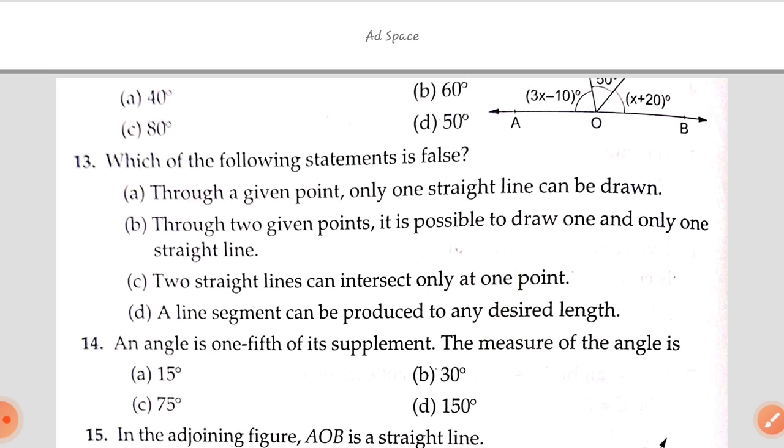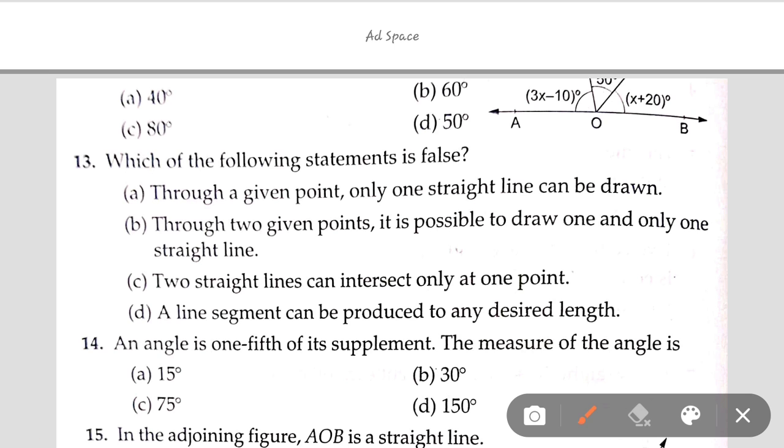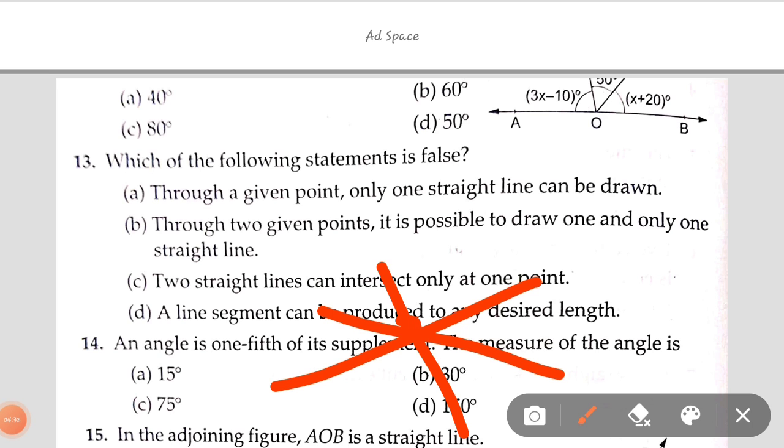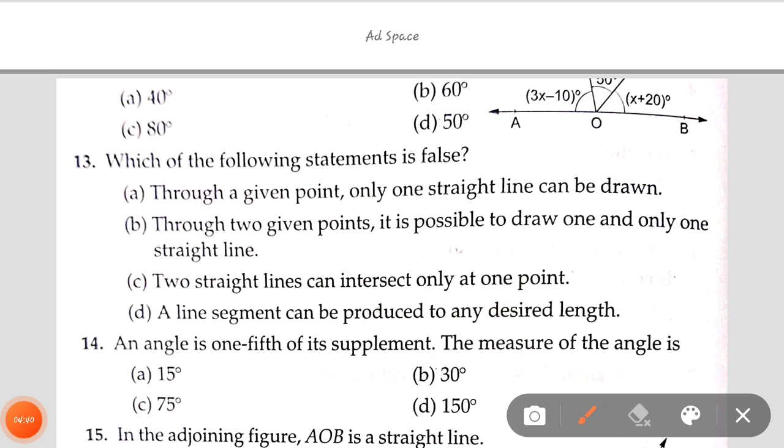Now, which of the following statements is false? First, through a given point only one straight line can be drawn. No, more than one straight line can be drawn. Option B, through two given points it is possible to draw one and only one straight line. Right, obvious, we have discussed.